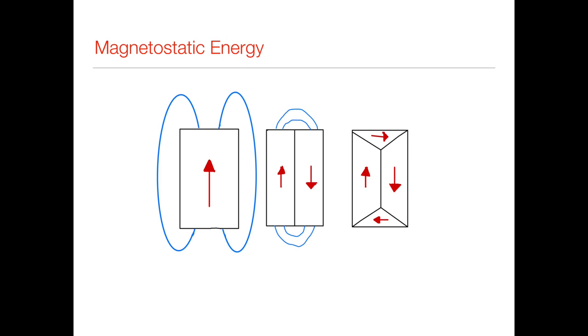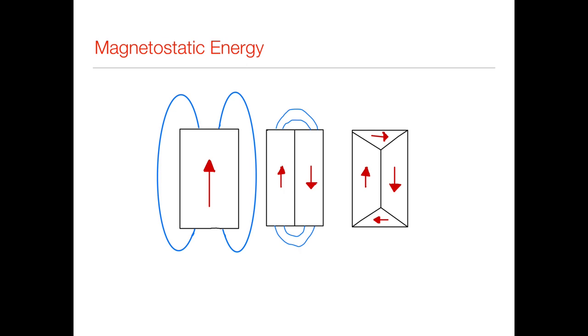Now this is a very simplified picture. There are ways of imaging what these domains look like. You can do it by, for example, putting some very small sized magnetic particles on a cut surface and look at how they become orientated. There are various transmission electron microscopy techniques.